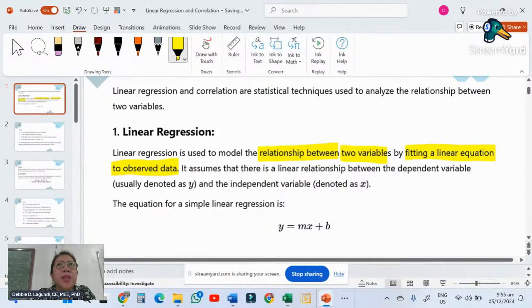For example, an equation where there is a relationship between the weather and the academic performance of students. Is there any correlation between the weather and the academic performance? That is what you're going to find out in the equation.